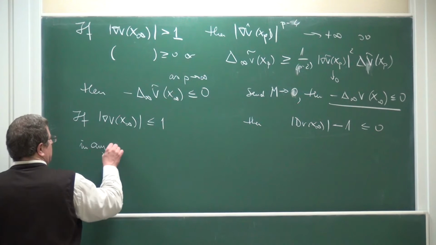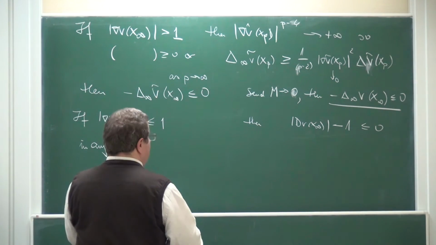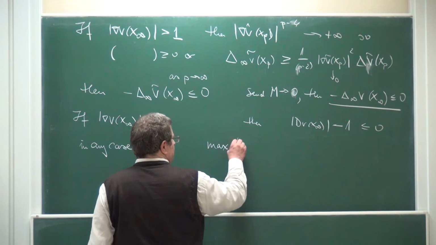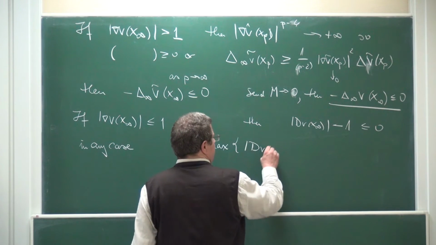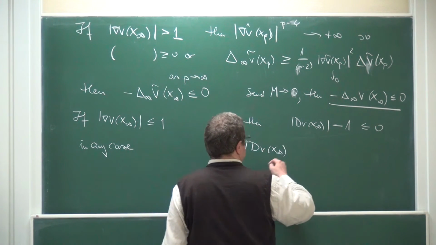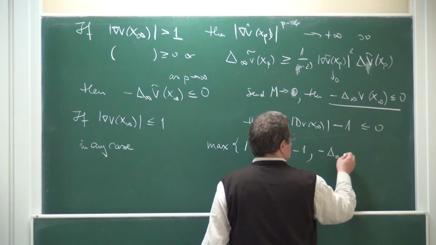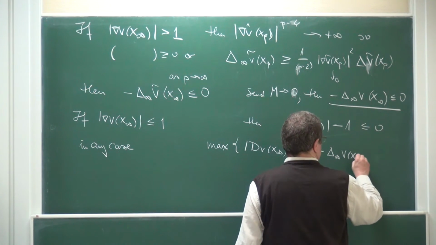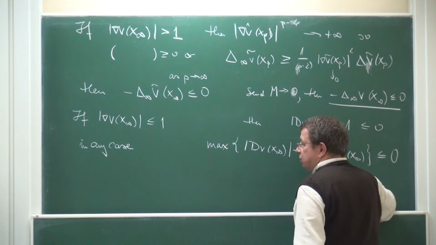So in any case, we find out that the maximum of the gradient of v in x infinity minus 1 and minus the infinity Laplacian of v in x infinity is less or equal to 0.